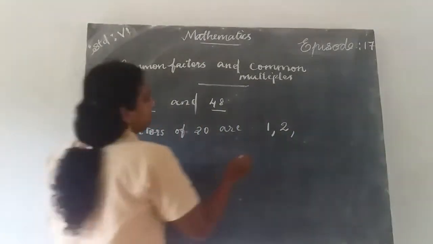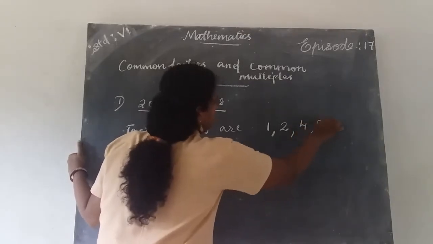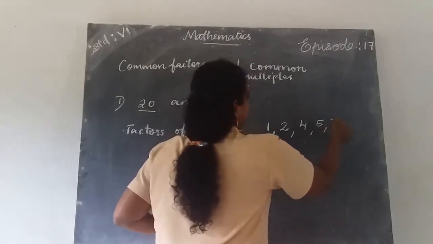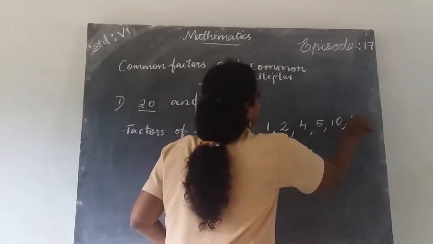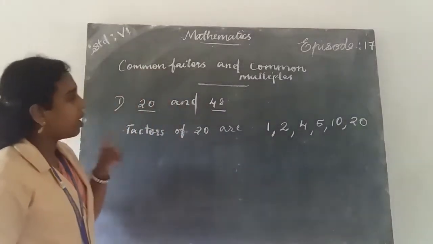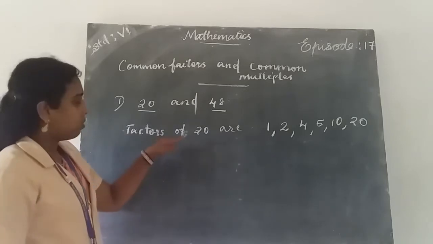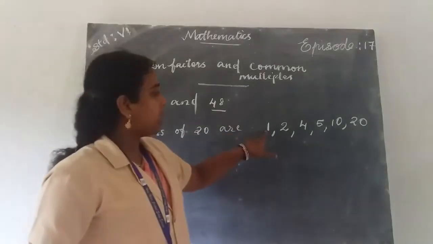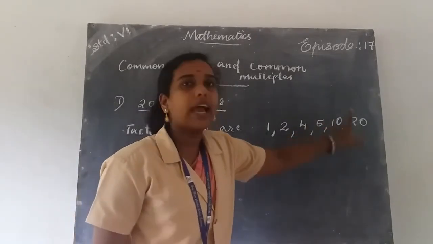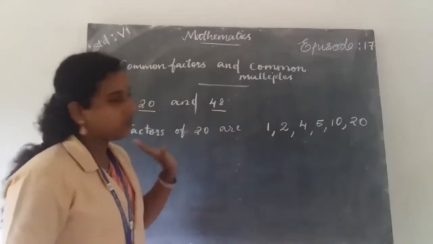Then it comes in the table of 4, then in the table of 5, then 10 and 20. 1, 2, 4, 5, 10 and 20 are the factors of 20. Because 20 comes under the table of 1, 2, 4, 5, 10 and 20, we can say that these are the factors of 20.